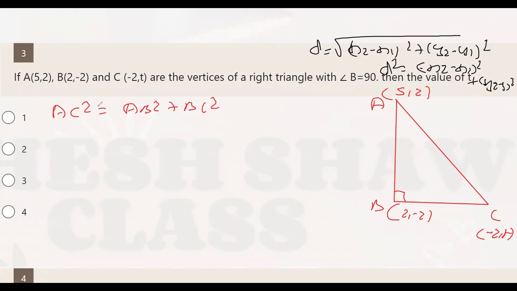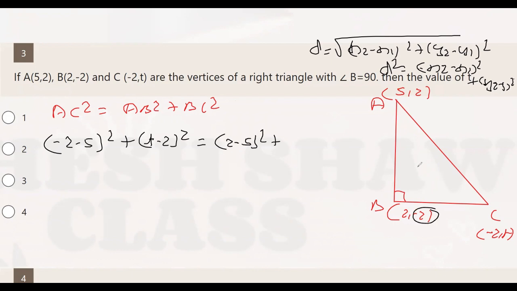Now check what AC is here. Applying this formula, x2 minus x1, so minus 2 minus 5 whole square, plus y2 minus y1, that is t minus 2 whole square, is equal to AB square. AB is x2 minus x1 whole square, that is 2 minus 5 whole square, plus y2 minus y1 whole square, so it's minus 2 whole square.